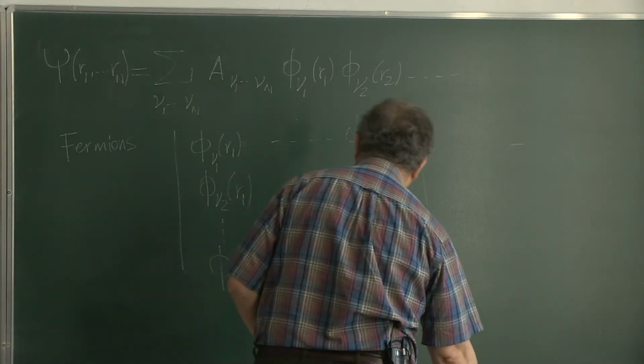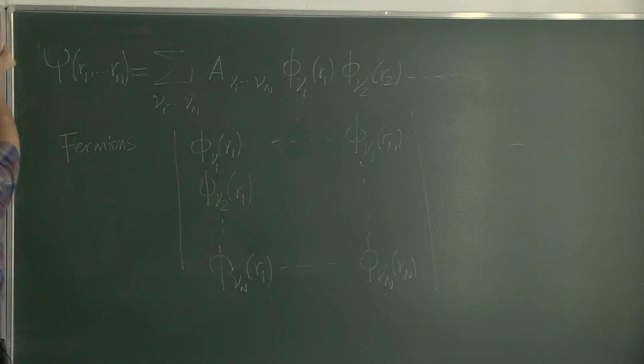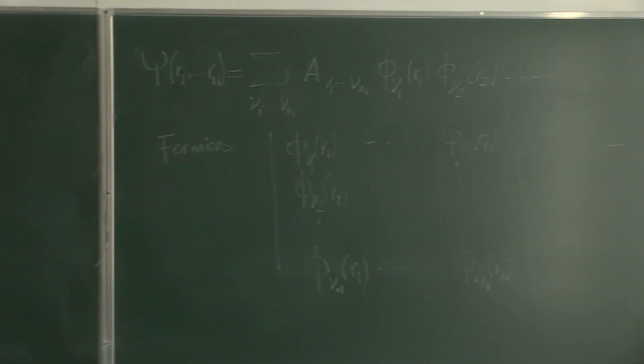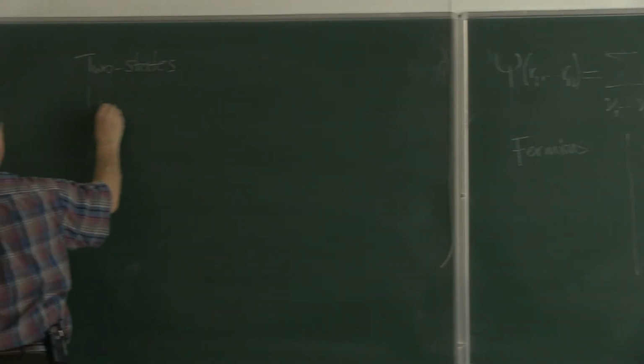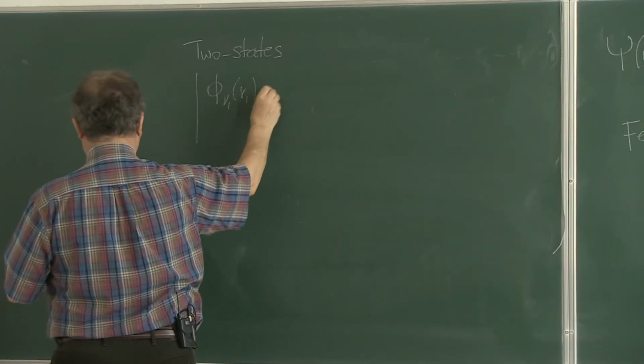For bosons, it has to be a simple multiplication of the wave functions, which doesn't change sign if you interchange the particles. So if you have two states, very simple example, here is the wave function for the system.